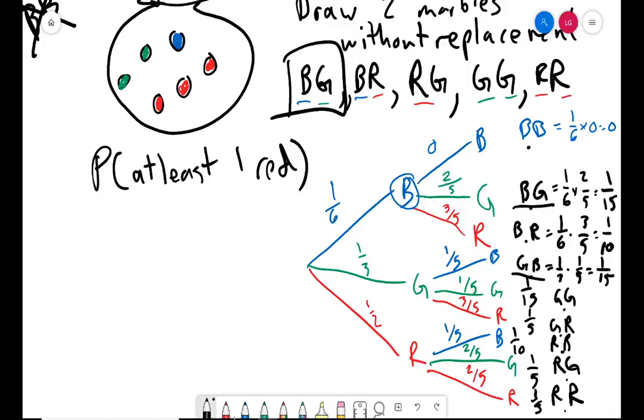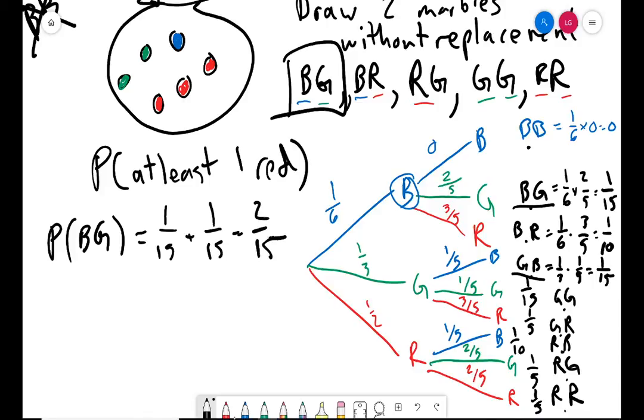It just means as a part of the sample space, it's 1. So let's come back to the probability of at least 1 red, and instead think about all these separate ones. So the probability that you draw a blue and a green is 1/15 plus 1/15, 2/15.